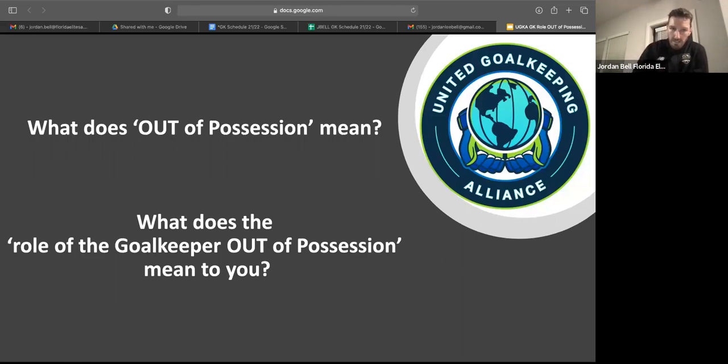So first question, out of possession, what does it mean? And secondly, in your eyes, what is the role of the goalkeeper out of possession? So I'll give you a minute or so. If anybody would like to come off of mute and offer their answer, just start shouting out, otherwise I'm going to start picking names.